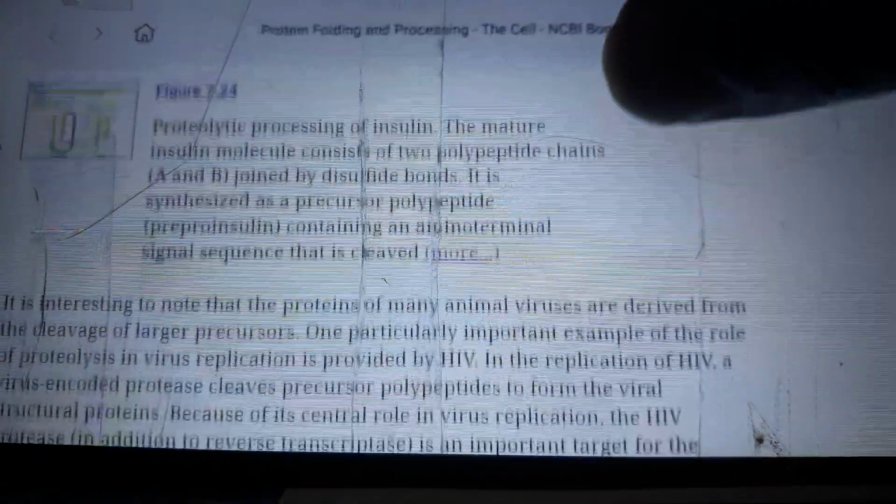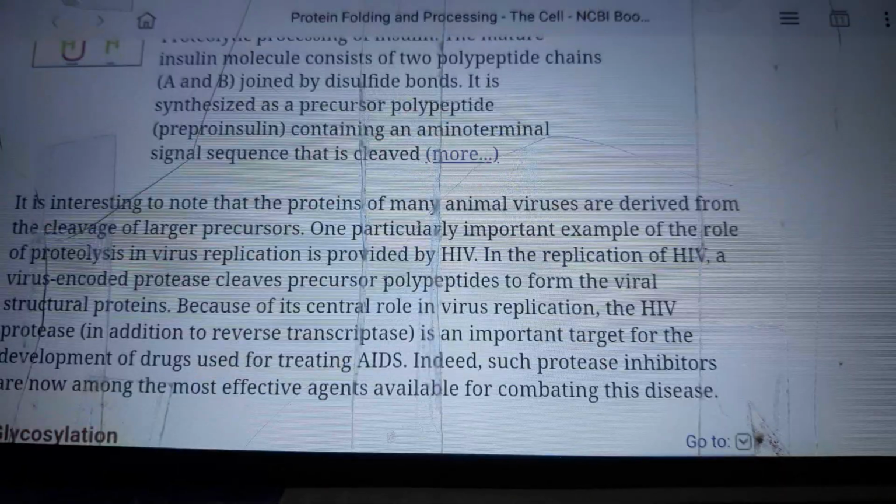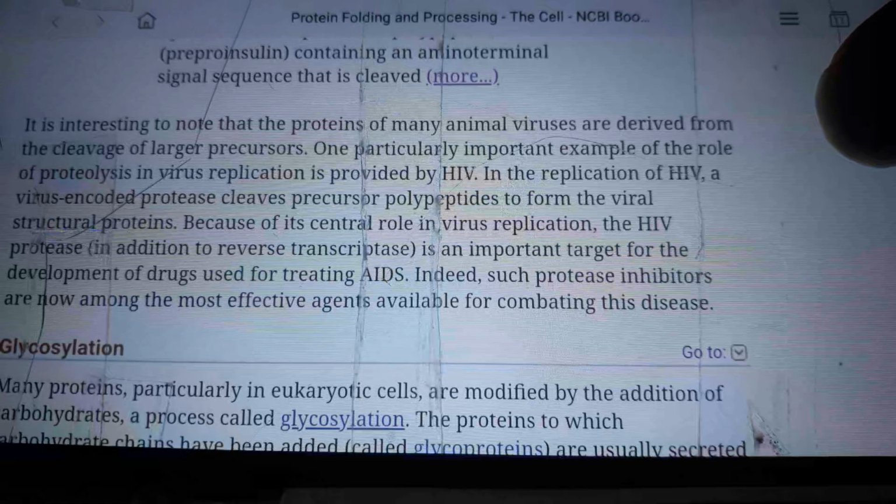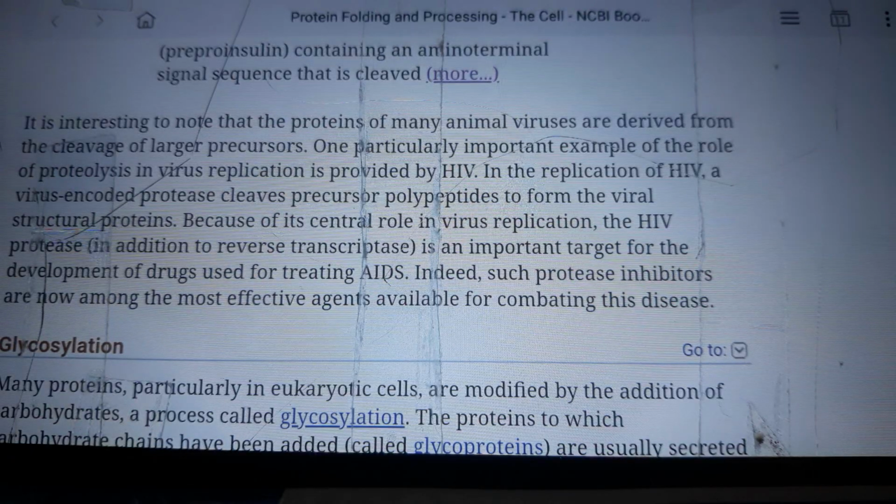Going on to the subject matter proper, it is interesting to note that the proteins of many animal viruses are derived from the cleavage of larger precursors. One particularly important example of the role of proteolysis in virus replication is provided by HIV. In the replication of HIV, a virus-encoded protease cleaves precursor polypeptides to form the virus structure proteins.